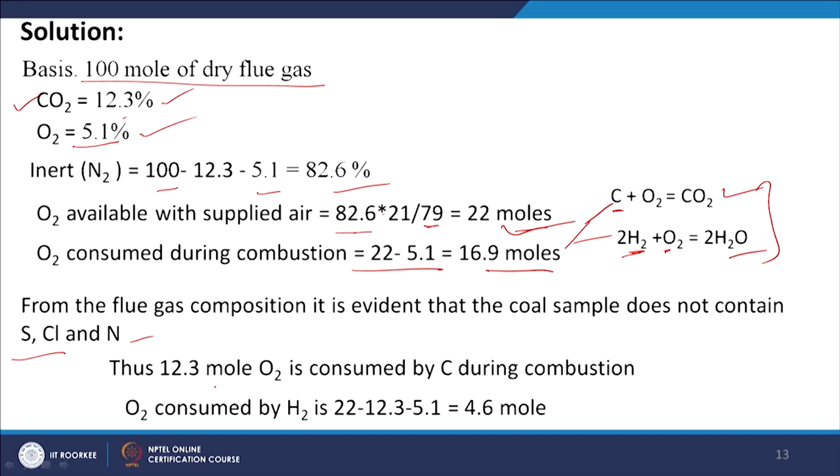12.3 moles of O2 is consumed by carbon during combustion as per these expressions, 1 mole to 1 mole. So, 12.3 moles of oxygen is consumed by carbon. Similarly, oxygen consumed by hydrogen equals 22 minus 12.3 minus 5.1, so 4.6 moles.